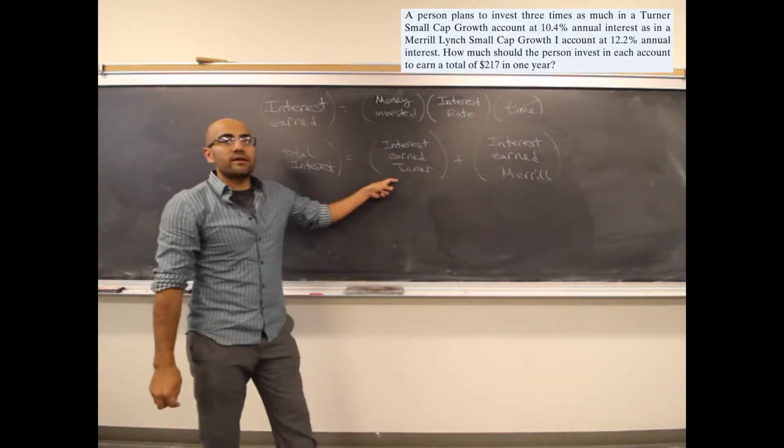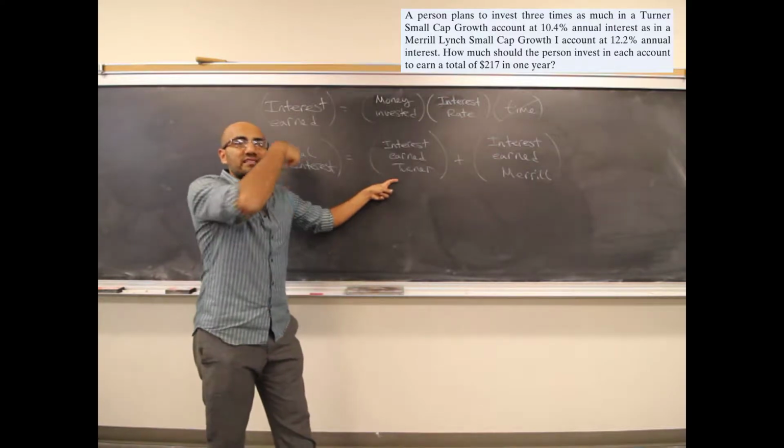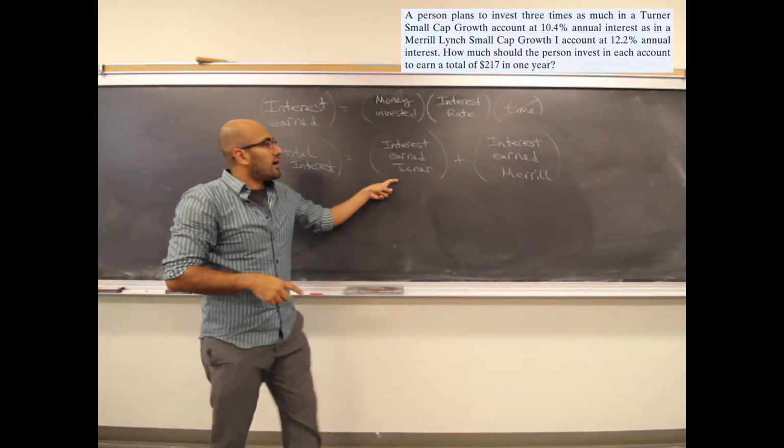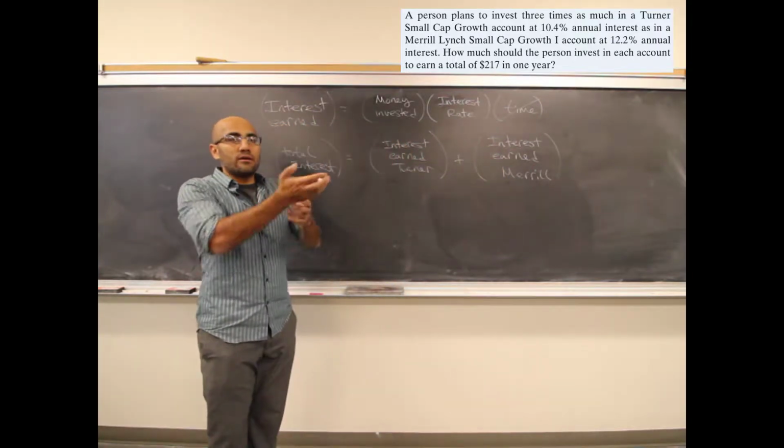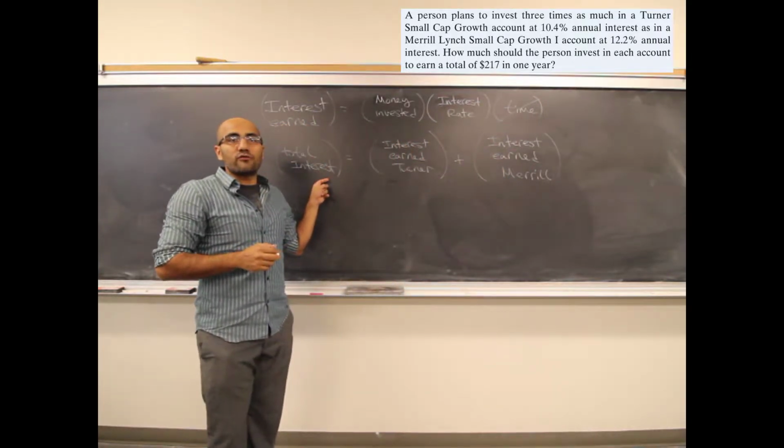Right? Figure out how much money you're going to make out of this account. You're going to invest some money into that account. Figure out how much money you're going to make from this account. Add them together. That'll give you your total interest earned for the year.